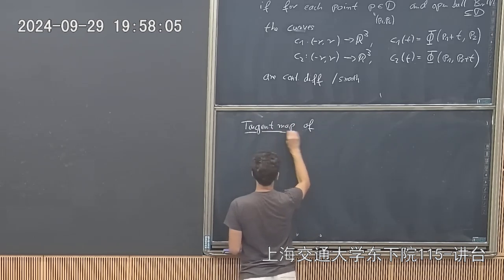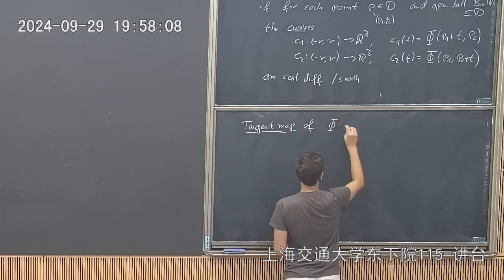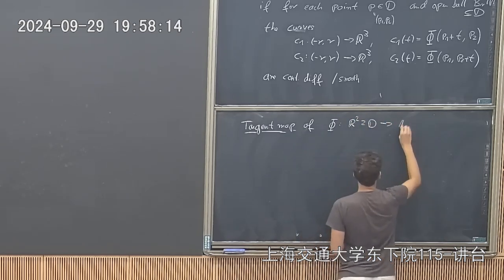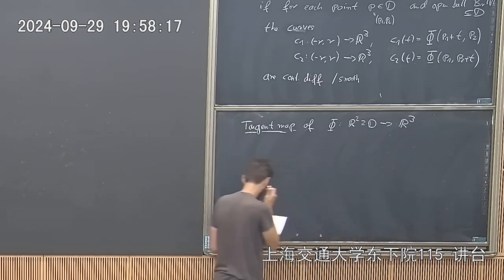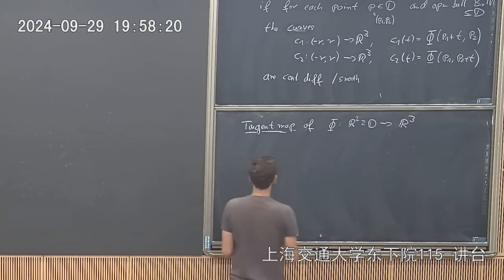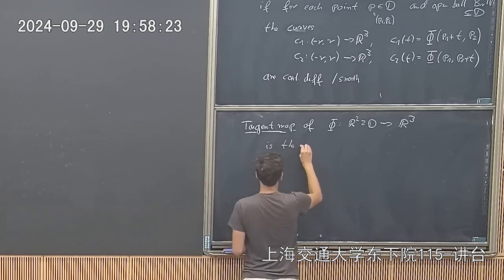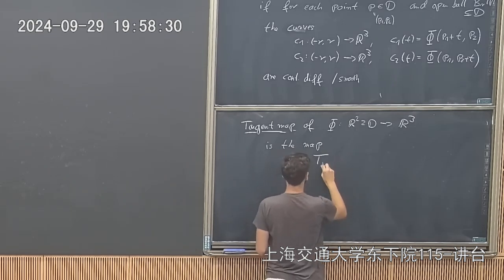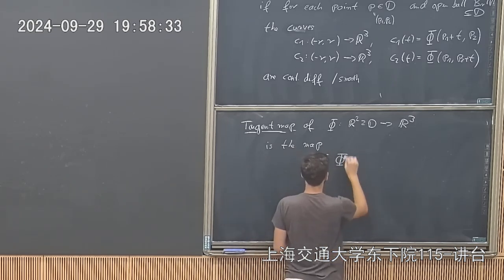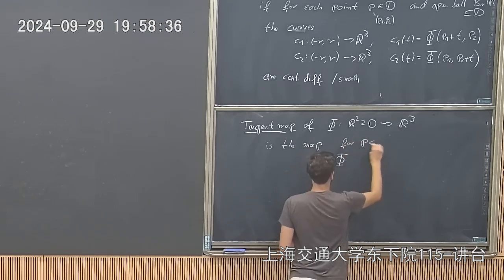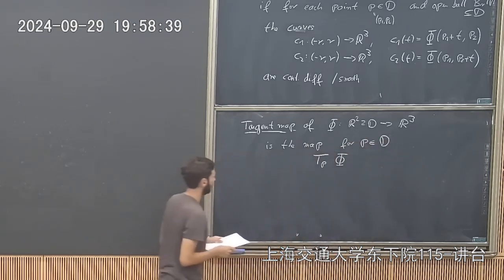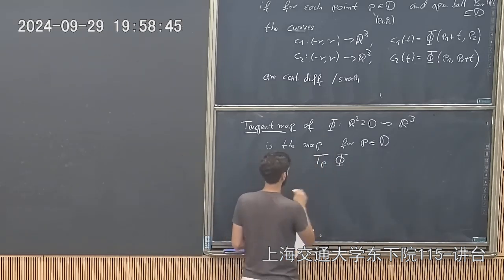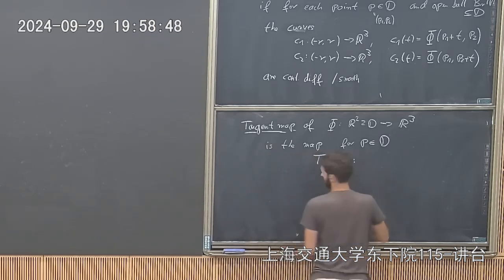Now we can talk about the tangent map of the big capital phi, which was defined on some open subset of P. Similarly, we need some base point, which would now be some point p in the base domain D. So it's a tangent map at point p, and that's a linear map again.